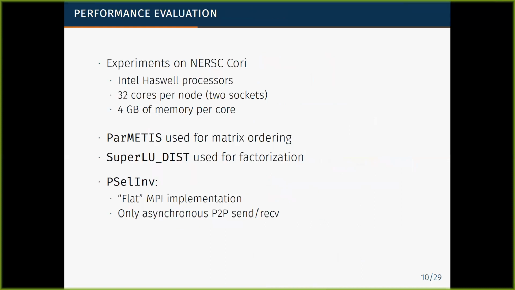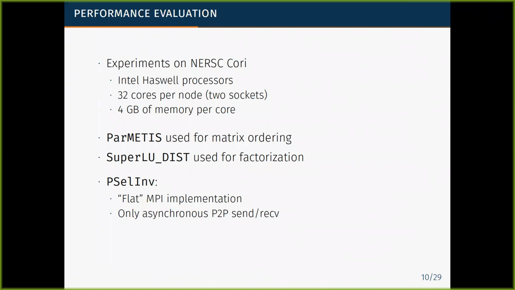But we'll see how performance is impacted by that. Here is the first run of experiments performed on NERSC Cori: 4 GB of memory per core, 32 cores per node. We are looking at the Haswell partition, and we are using ParMETIS for the matrix ordering, with SuperLU_DIST, the latest version 5.1.3.